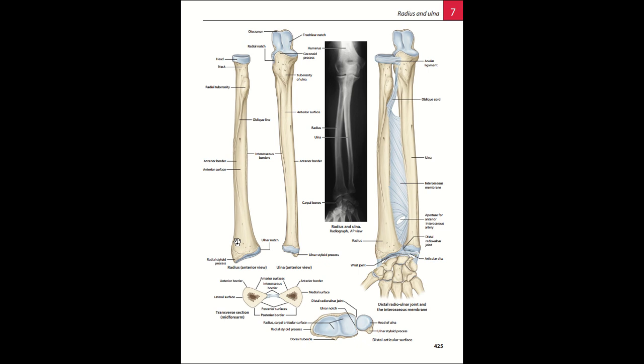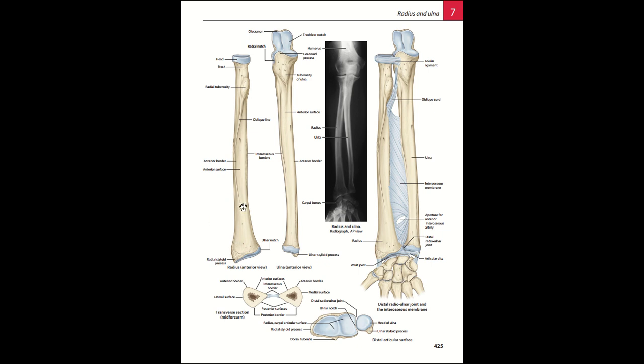The ulna does not form the wrist joint. The wrist joint is formed by the radius. So the distal portion of the radius will articulate with the scaphoid and the lunate, forming the wrist joint. Whereas the distal portion of the ulna, which is the head of the ulna, will be separated from the wrist joint by an articular disc.